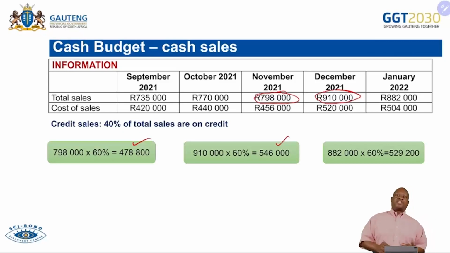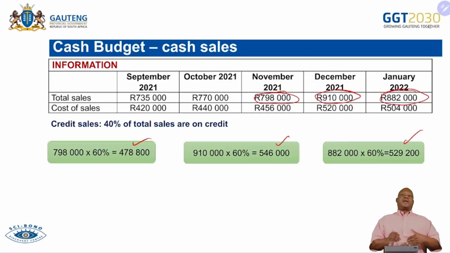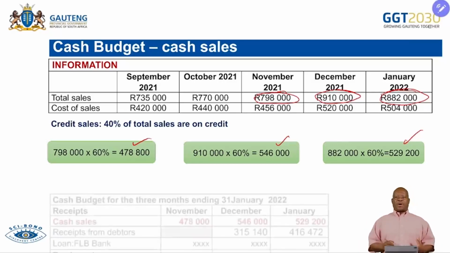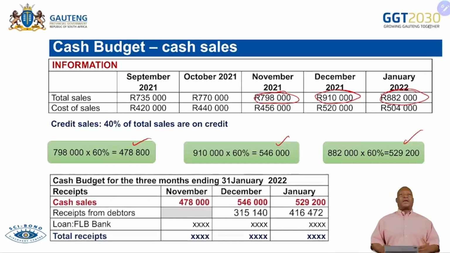These are the cash sales for the month of December. And then we go to January, we are taking 882,000 and finding 60% of that. Please check. We have got our 529,200. Then when we are having these cash sales figures, check how they are going to appear in our cash budget. These are our cash sales figures.